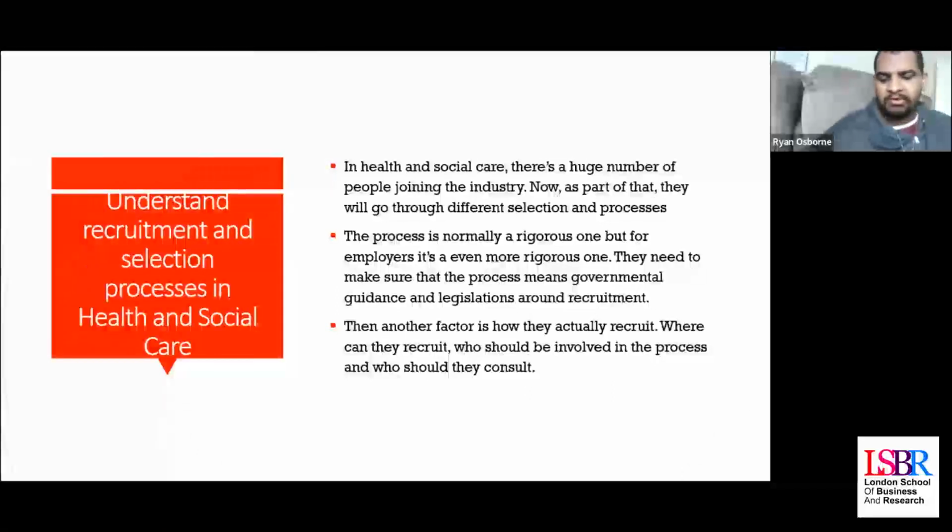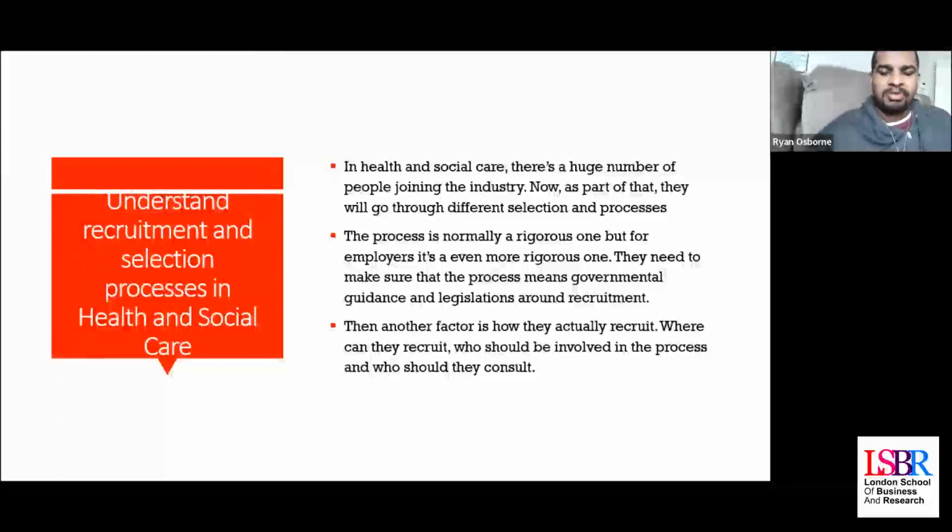You may be going for an interview. You may be asked in for a trial shift. You may be having a one-to-one with the setting of the place that you're going to be working in. All of that is part of the recruitment process.